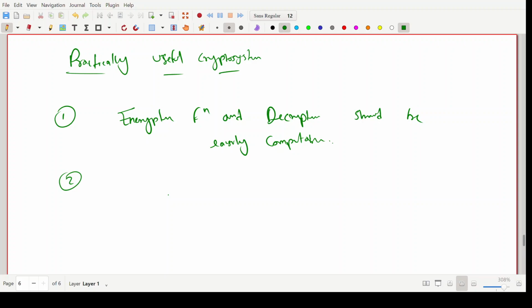And the second property it should have is that an opponent, upon seeing the ciphertext, should be unable to determine the key.